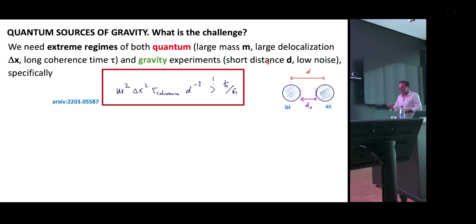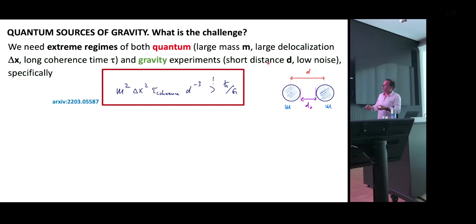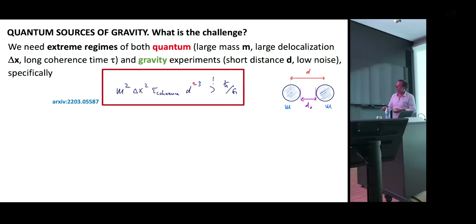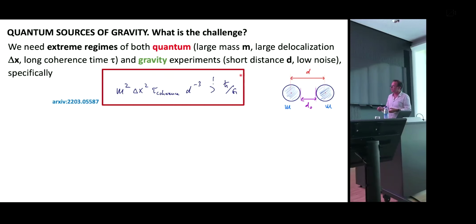In a nutshell, without going too much into the details, tomorrow there's still a technical talk. I will have more time to go into the actual details of many of the derivations. This is the condition that you need to fulfill in order to generate entanglement by gravity in such a configuration that I just pointed out to you before.